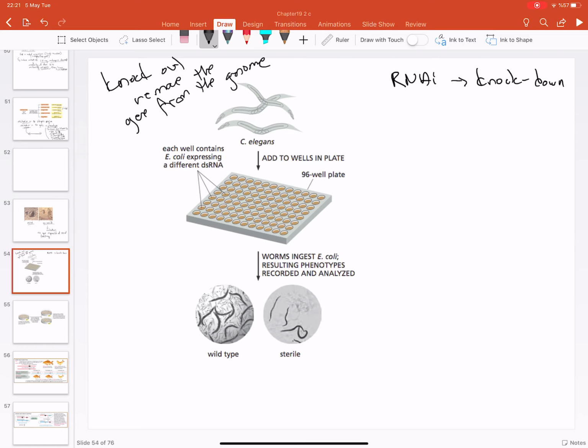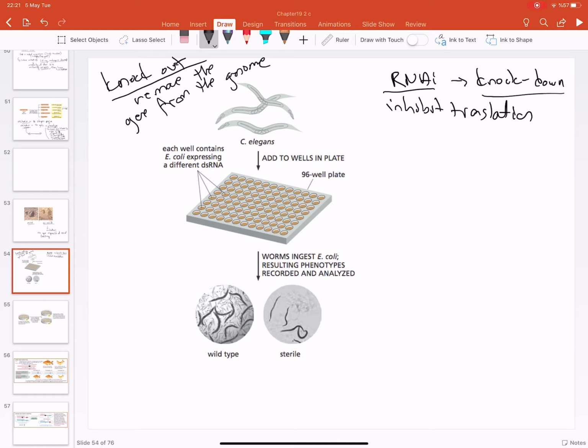When you don't change the gene, when the gene is transcribed normally, but it cannot be translated because you are inhibiting the translation by an RNAi, it is called a knockdown. So knockout and knockdown usually have the same phenotype because all in all, they don't have the functional protein product. But knockdown is usually very easy.